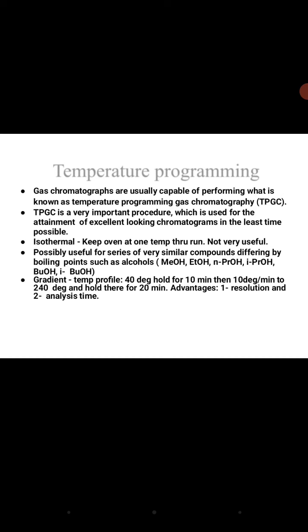Isothermal: keep the oven at one temperature throughout the run, which is possibly useful for a series of very similar compounds differing by boiling points, such as alcohols. Gradient temperature profile: 40 degrees hold for 10 minutes, then 10 degrees per minute to 240 degrees and hold there for 20 minutes.